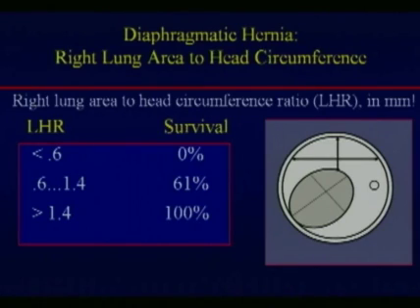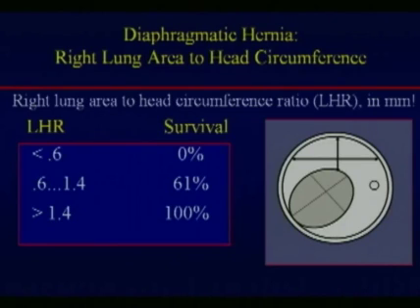I'm going to refer to a couple of studies, but they all have similar conclusions, and that is the lower the lung to head circumference ratio, the poorer the survival rate. Some people have shown a cutoff using 1, and others have used a lower cutoff of 0.6. But in this particular study, using these lower values like 0.6 or below, the survival rate is very poor.